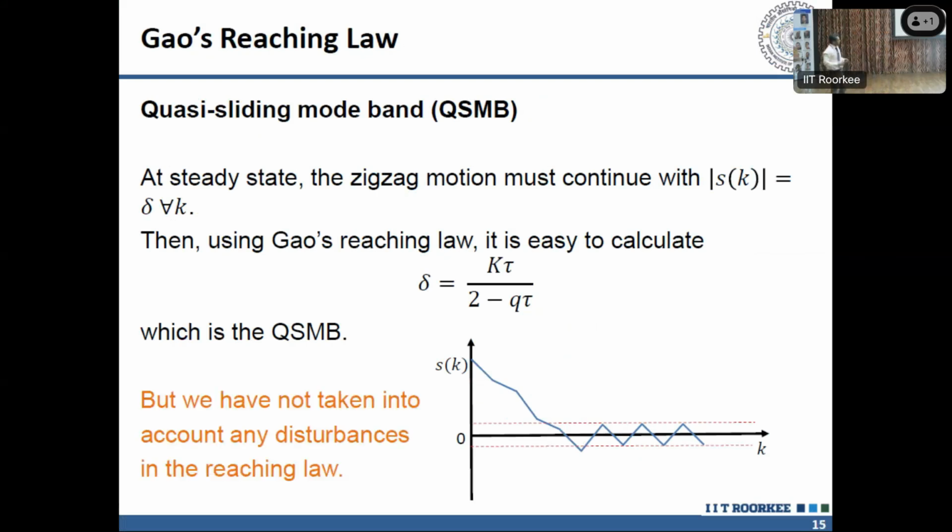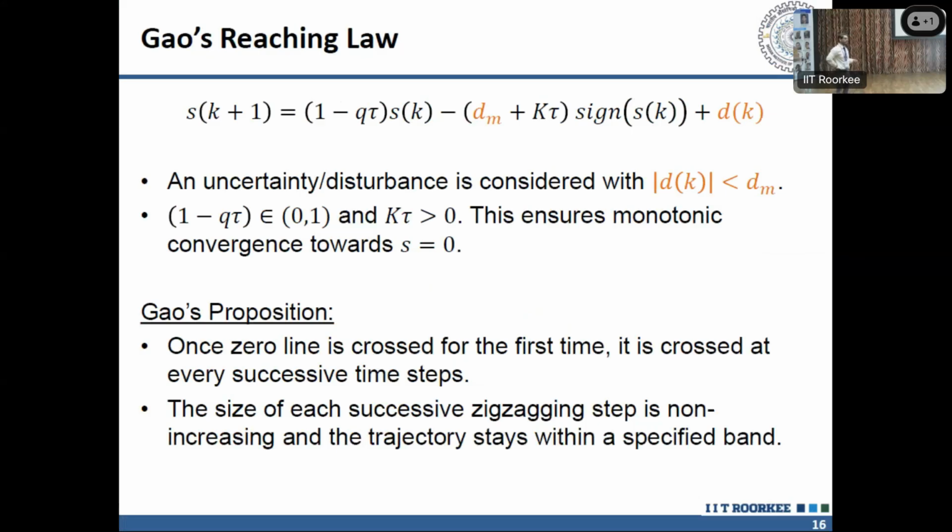That can be evaluated. Of course, this analysis does not take care of the disturbances. If we take care of the disturbances, then we can again analyze, and we see the same properties hold if we maintain the parameters we listed. So what is this Pm? Pm is the maximum magnitude that dk can go. dk is the uncertainty, and it is bounded by Pm.